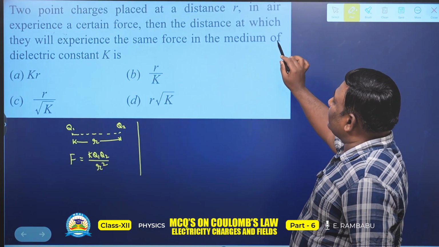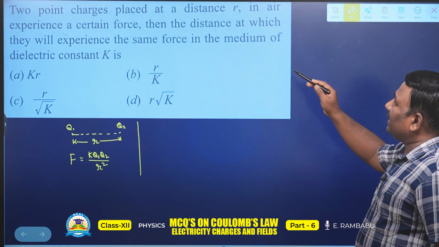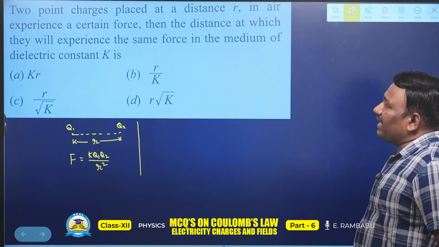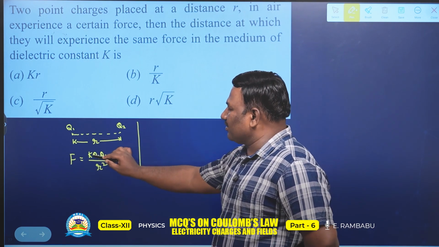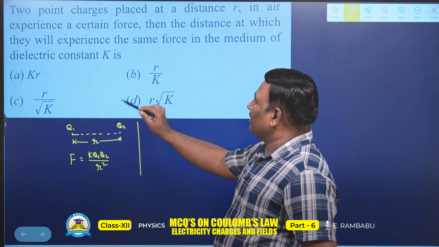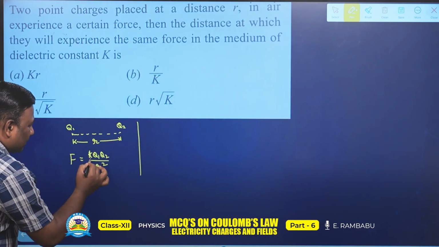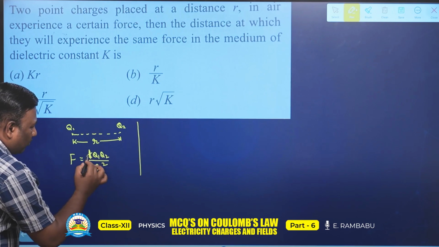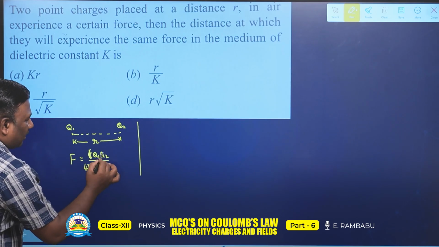Then the distance at which they will experience the same force in a medium of dielectric constant K. Now here this K is nothing but 1 by 4 pi epsilon naught. Here dielectric constant is given as K. That's why, to avoid confusion, I can write the full form 1 by 4 pi epsilon naught R square.